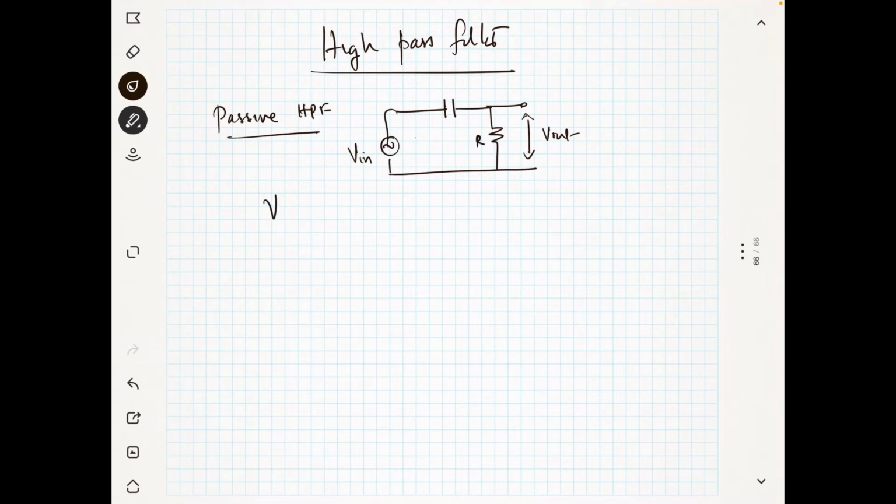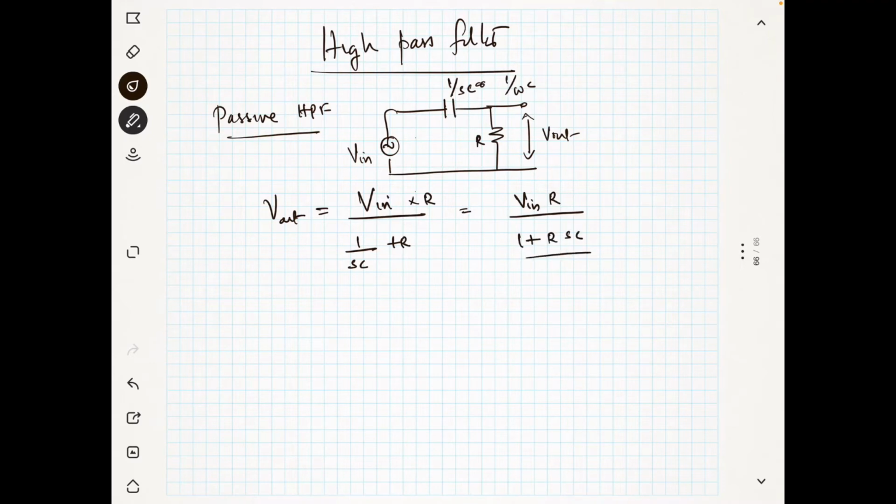This is R, this is 1 by SC. So V out is equal to V in divided by (1 by SC plus R), multiplied with R. So you get V in into R divided by 1 plus R SC divided by SC.